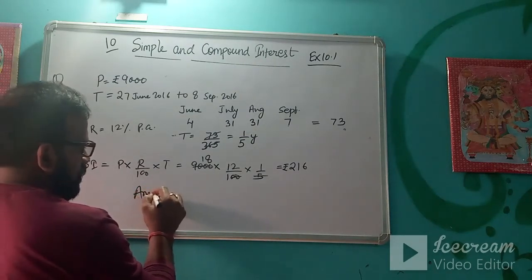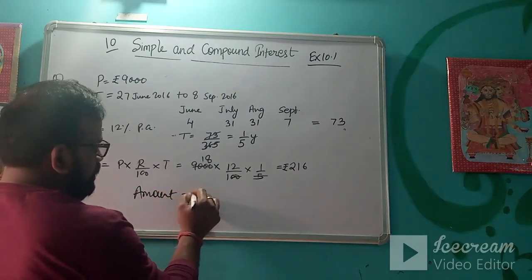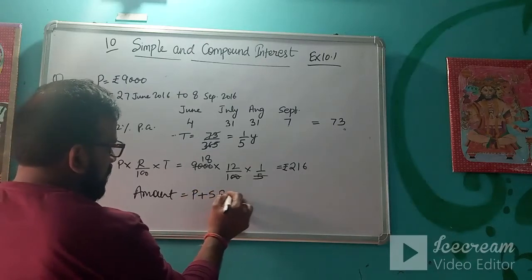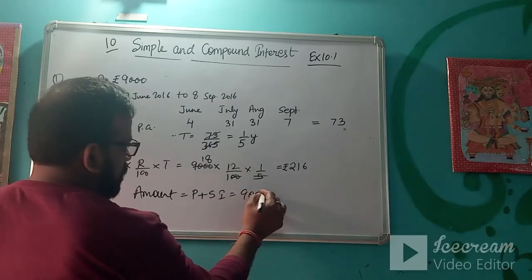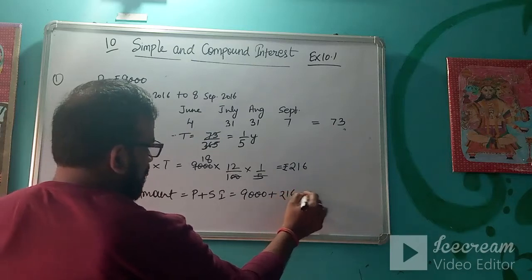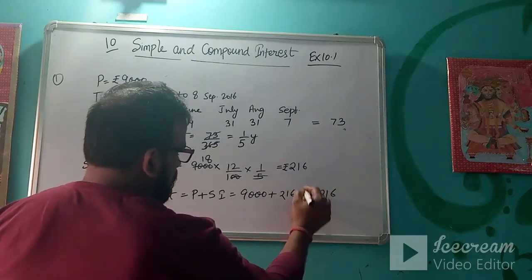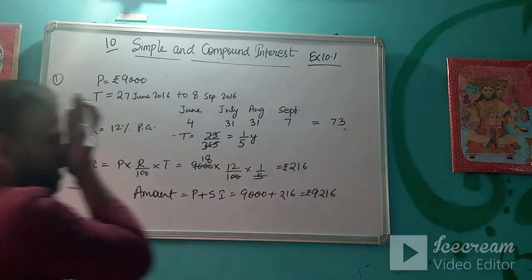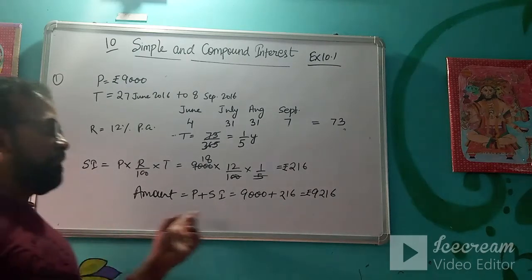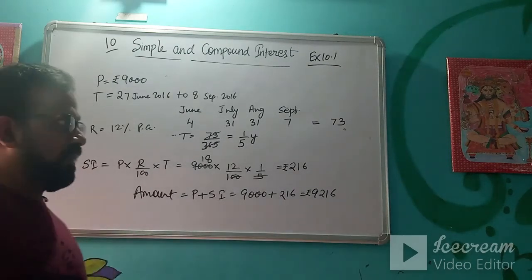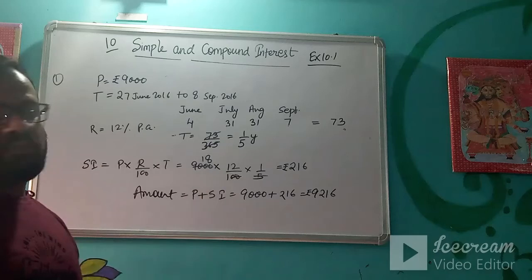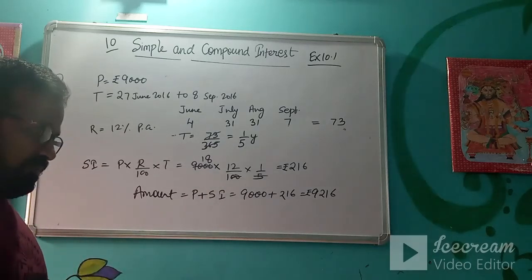So amount will be how much? P plus SI, that is 9216. So this is the amount that he has to pay in order to clear the debt on 8 September 2016.